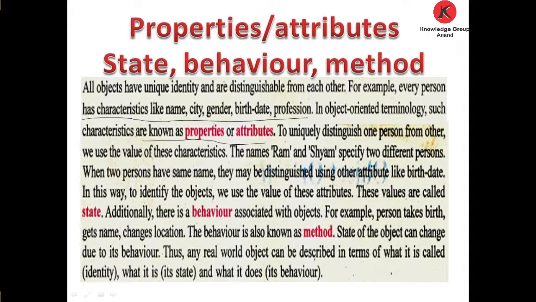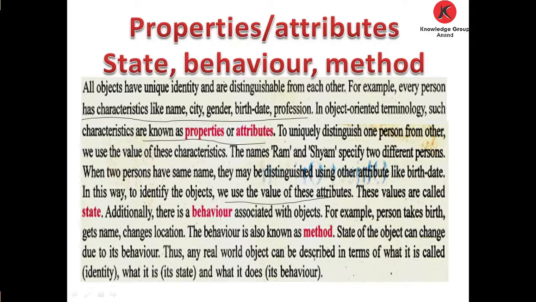To uniquely distinguish one person from another, we use the values of these characteristics. The names Ram and Shyam specify two different persons. When two persons have the same name, they may be distinguished using attributes like birth date. In this way, to identify the objects, we use the values of these attributes.